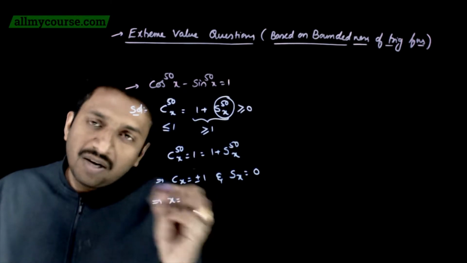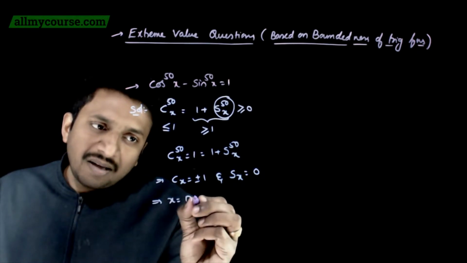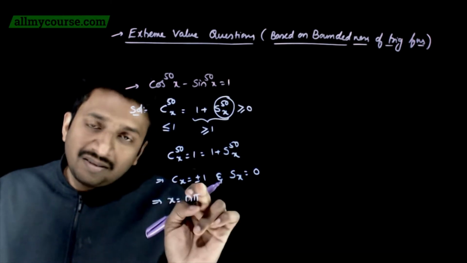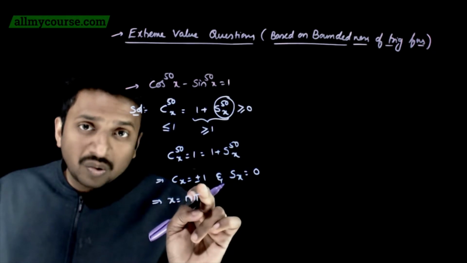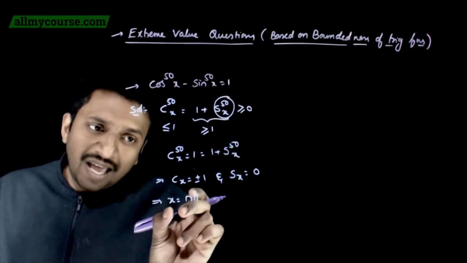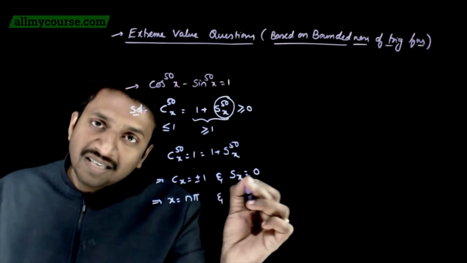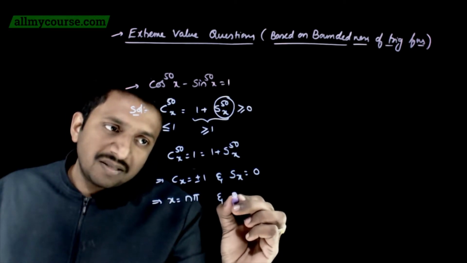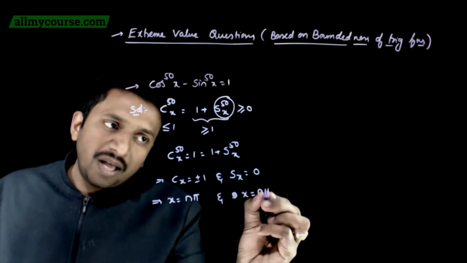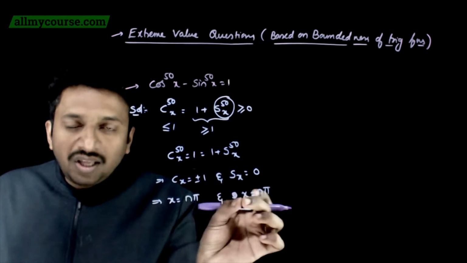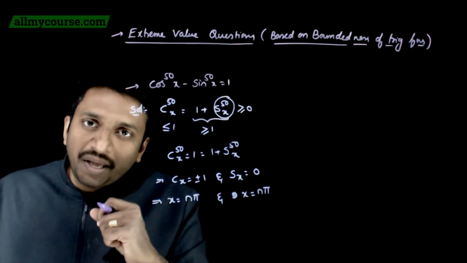So x is equal to n pi. And sin x has to be equal to 0. That means x is also equal to n pi. For both the equations, the solution is n pi.